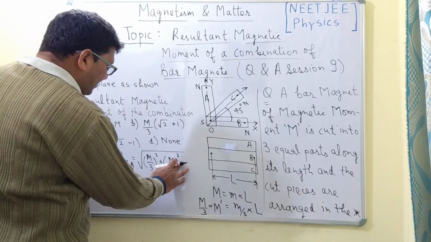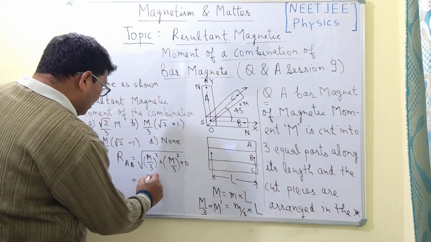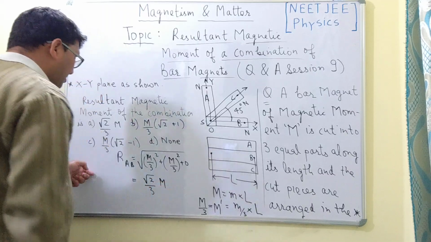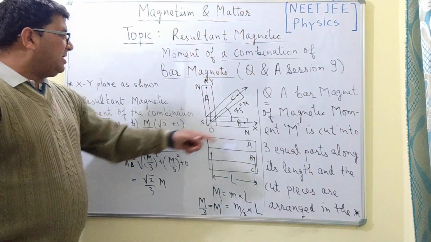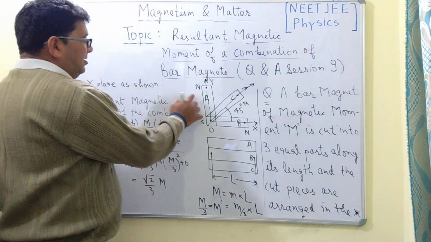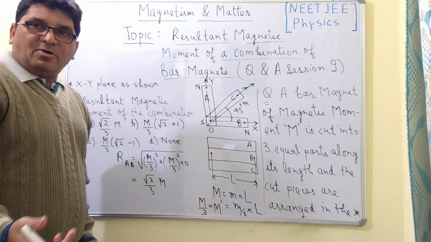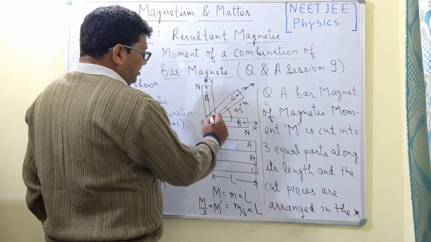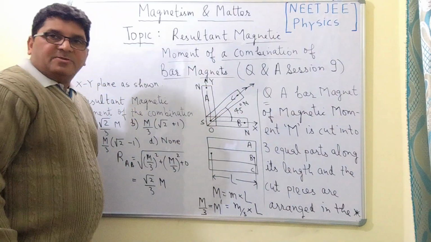So this is equal to 2m square by 9. So finally it will be root 2 by 3 into m. Now this resultant magnetic moment because of the bar magnets A and B will be along this direction, because the magnetic moment of bar magnet A and the magnetic moment of bar magnet B have got the same magnitude. So the resultant will be bisecting the angle between the two magnetic moments.